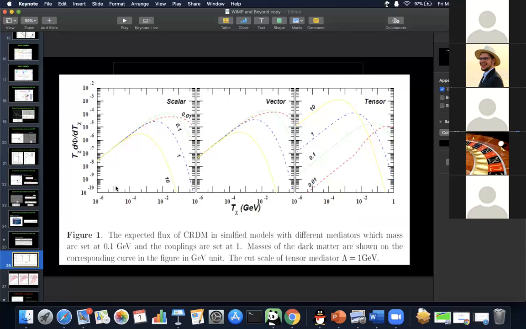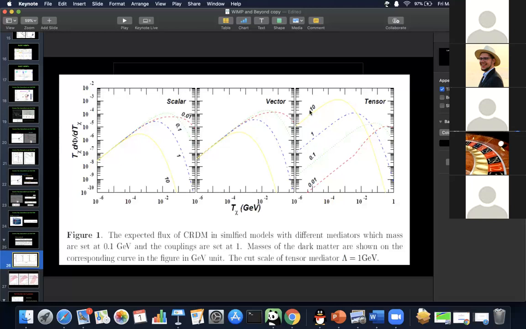If the dark matter energy is very low, the flux is almost the same. But for this range, it can be boosted, and we can have a larger flux, and these numbers correspond to different dark matter masses. But the tensor is different.